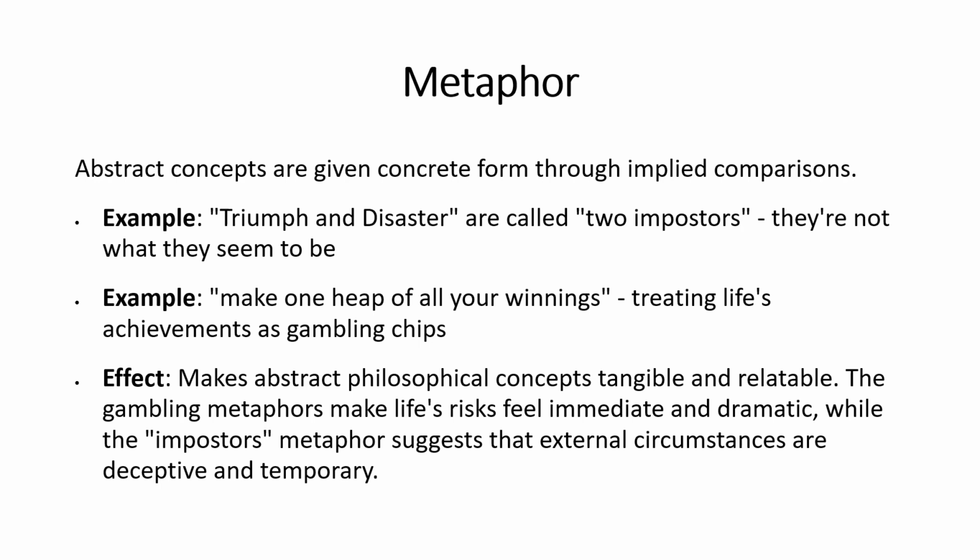A metaphor is a direct comparison. If someone says she's like a rose, that is a simile. But if the person says she is a rose, that's a direct comparison, a metaphor. So here in this poem, both triumph and disaster are directly compared to two imposters.